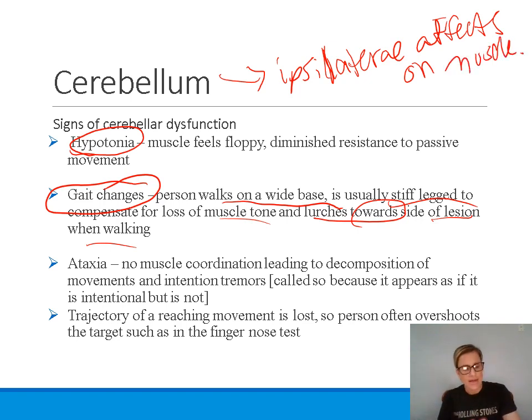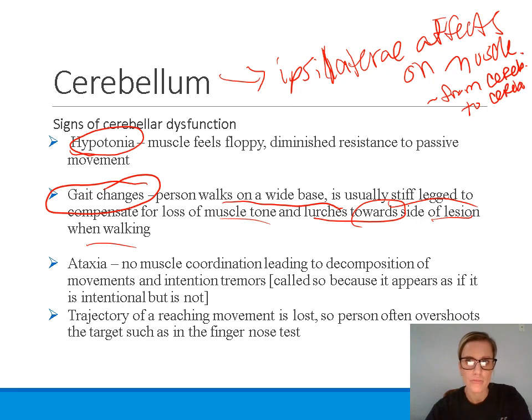So like the right side of the cerebellum is coordinating muscle movement on the right side of the body. The reason for that is as signals go from the cerebellum to cerebrum, the fibers cross.